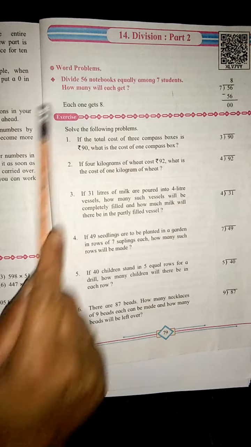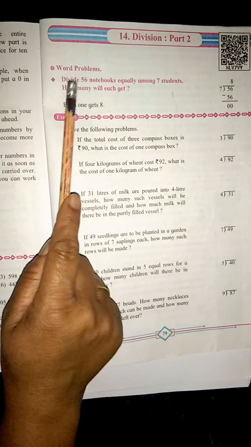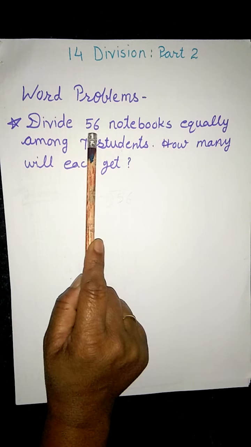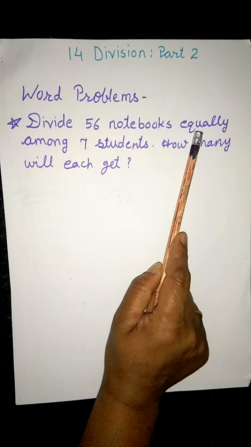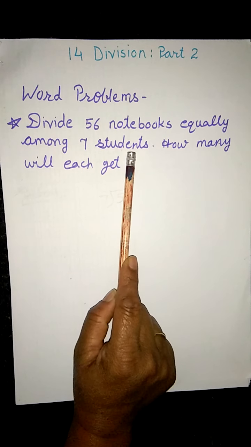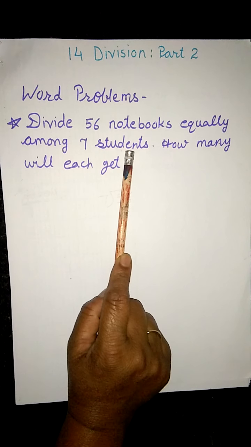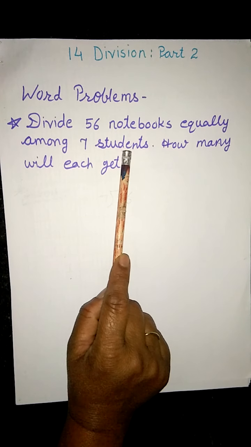division chapter. Word problems. Now see this word problem beta. Divide 56 notebooks equally among 7 students. Means 56 notebooks are divided between 7 students.